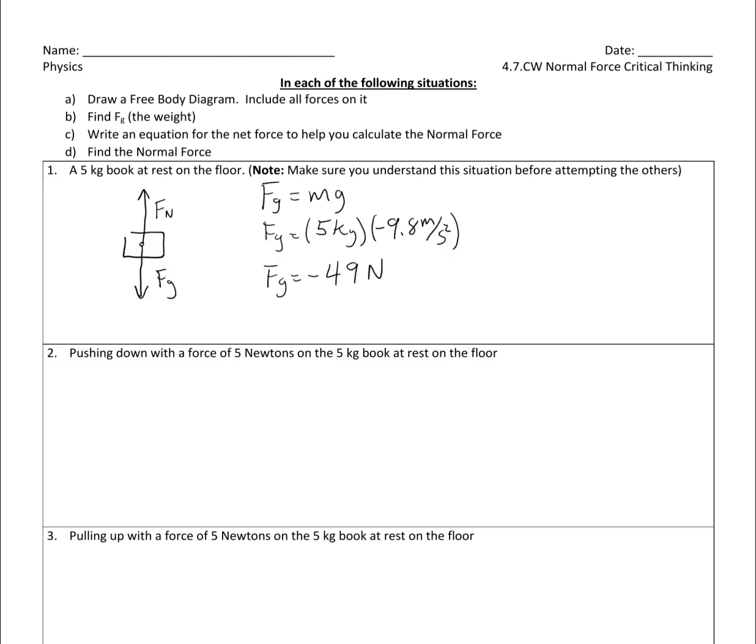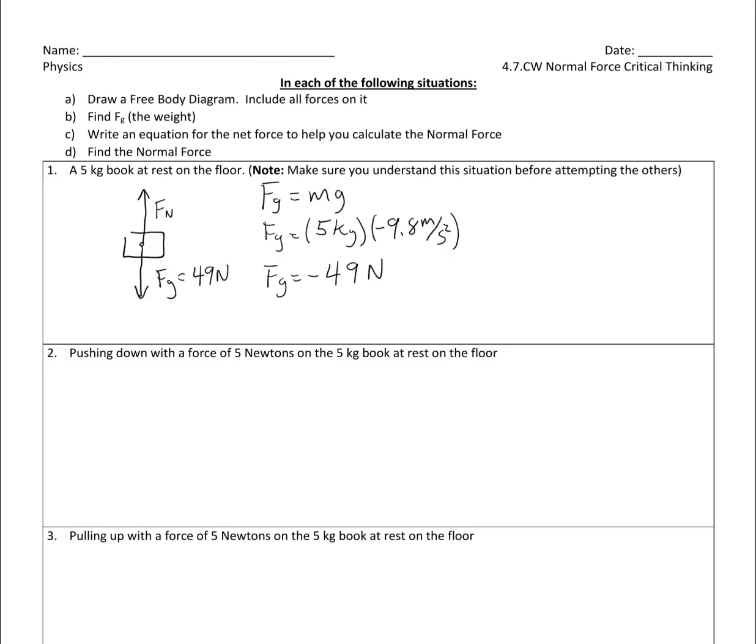Mathematically, we represent the direction using a negative sign or a positive sign. On our free body diagram, if you wanted to write in the magnitude, you can. You don't have to write the negative sign here because the arrow shows that the direction is downward, but you can if you'd like.